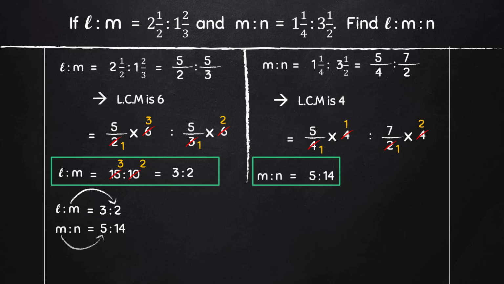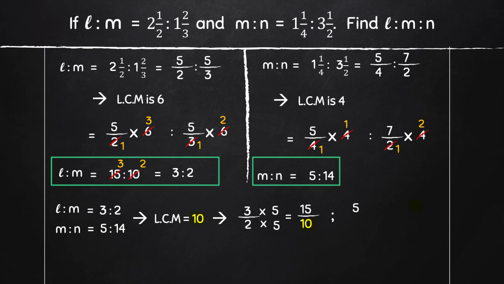So to do so, we need to take the LCM of 5 and 2 is 10, isn't it? LCM is equal to 10. So let's take the first fraction, 3 by 2, okay, into 5 is equal to 15 by 10 and take the second ratio that is 5 upon 14, LCM is 10.